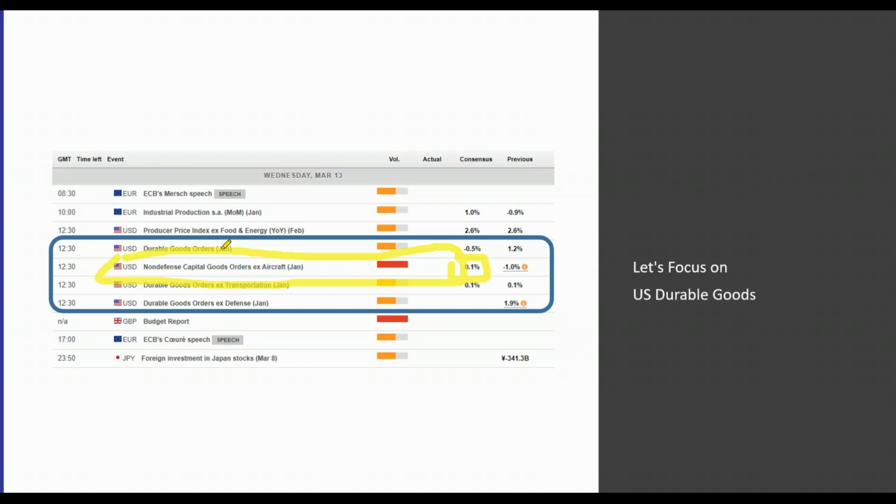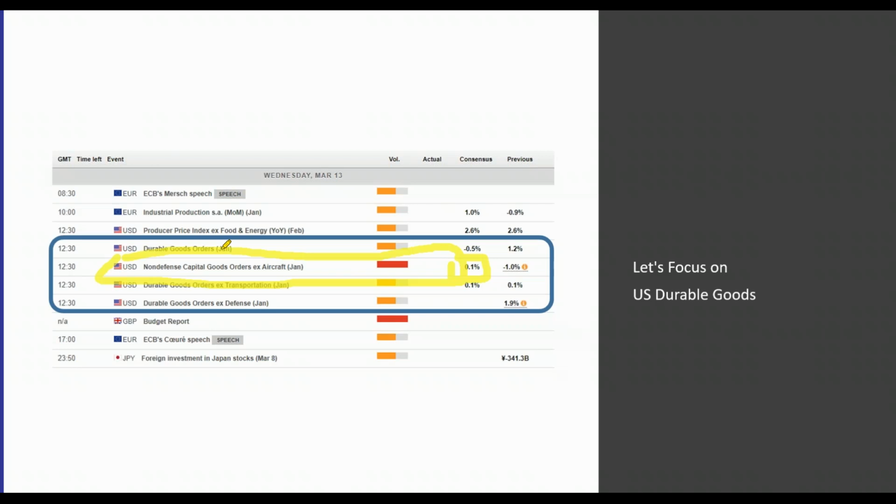Now, why this happens is the total durable goods report, less defense and aircraft, is the most important one. Because defense spending isn't necessarily an economic event, and when the defense spends, it's big numbers.